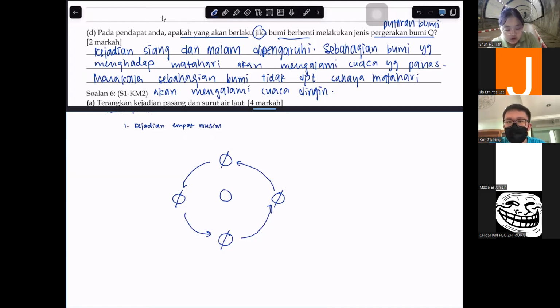Normally on top here is situation A, when your earth moves until this place. Normally it is March, 21st of March, and 21st of March we call it equinox.